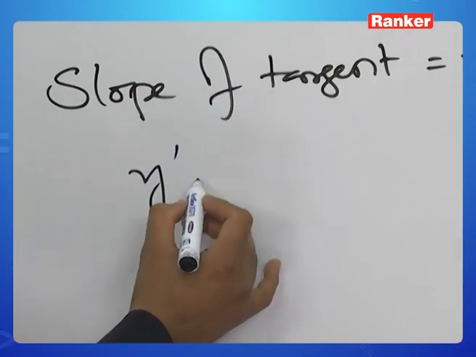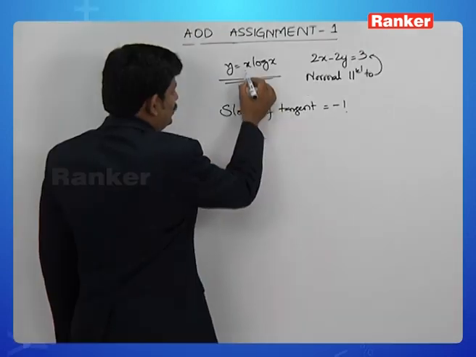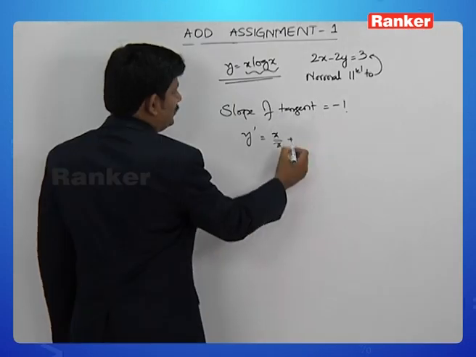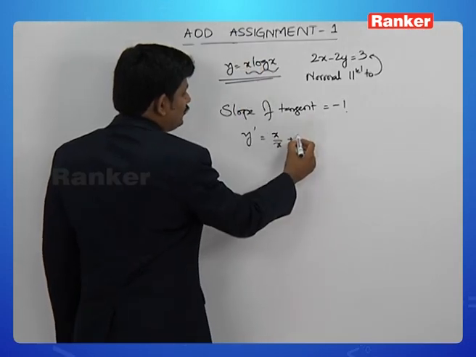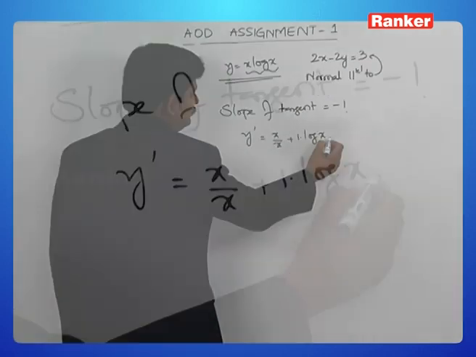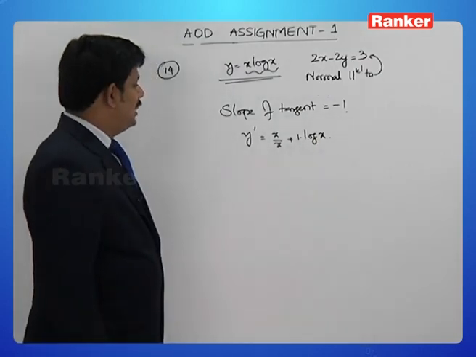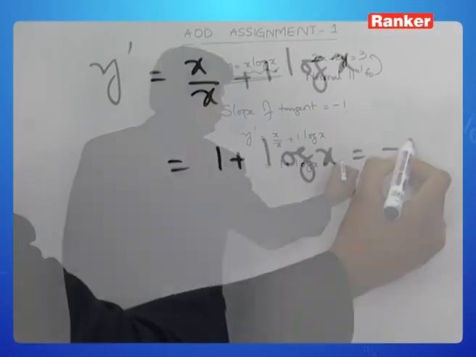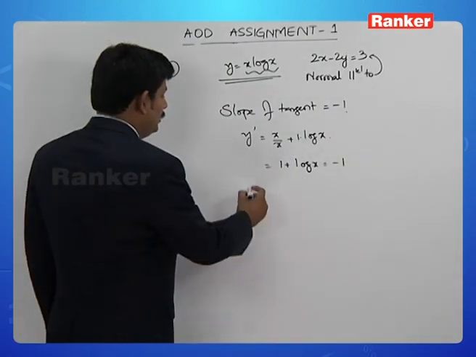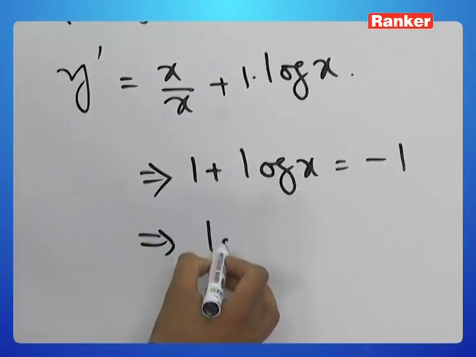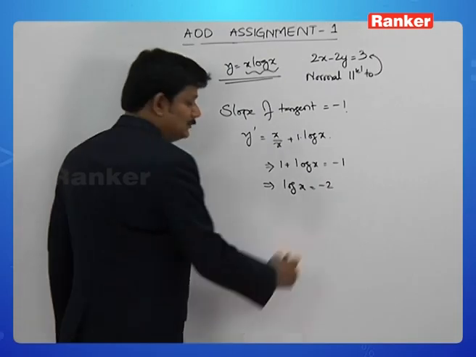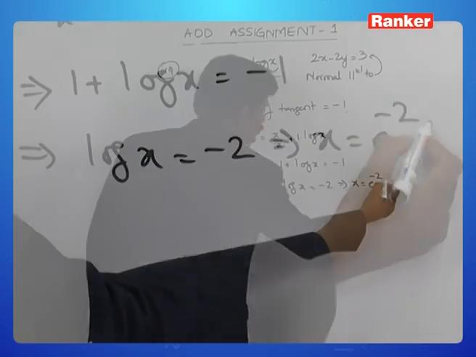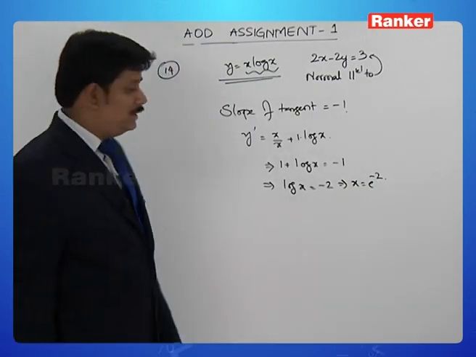Differentiate y, applying the UV rule: x into the derivative of log x, which is 1 by x, plus the derivative of x, which is 1, into log x, or y dash is 1 plus log x, and this is equal to minus 1, or log x is equal to minus 2, which implies x equal to e power minus 2.